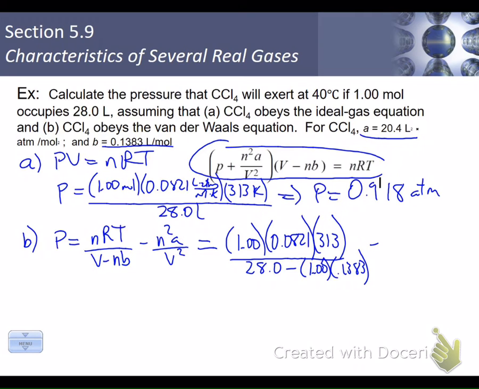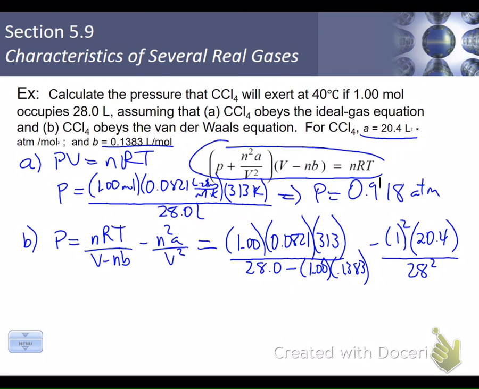And then we're going to correct for the IMFs. We have, again, 1 mole of the gas. Let's square it. Our a value is 20.4, again indicating we have some pretty significant IMFs. And then the V squared. Once you get it all plugged in, it's just a matter of taking your calculator out and simplifying everything.